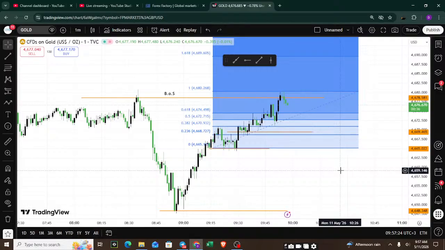And those two decisions of whether to strategize or observe are made by your capital. So if your capital allows you to re-strategize and get in again, you have to do it. But if your capital for the day or your risk allowance for the day does not allow you, then you observe. It's good to observe.